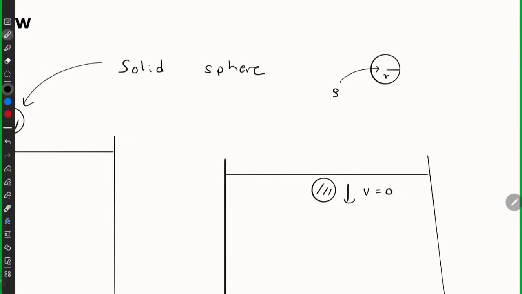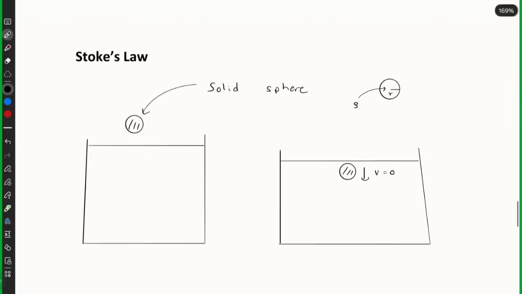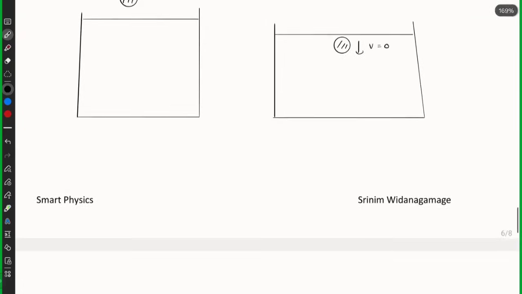Now, why am I telling that this sphere is a solid sphere? Because it's fully filled with material. If it's a cavity sphere, inside is empty, so when you define density for a cavity sphere, you're talking about the net, overall density. But when you talk about the density of a solid sphere, you are talking about the density of the material itself.